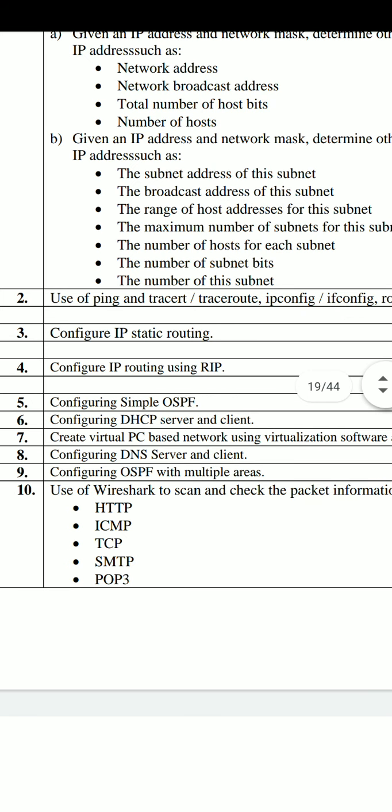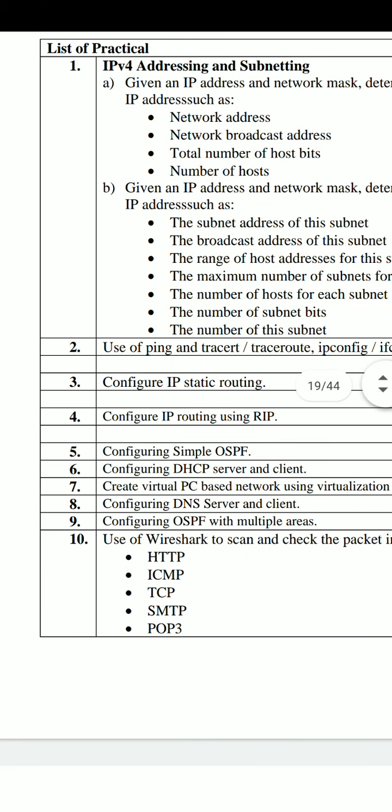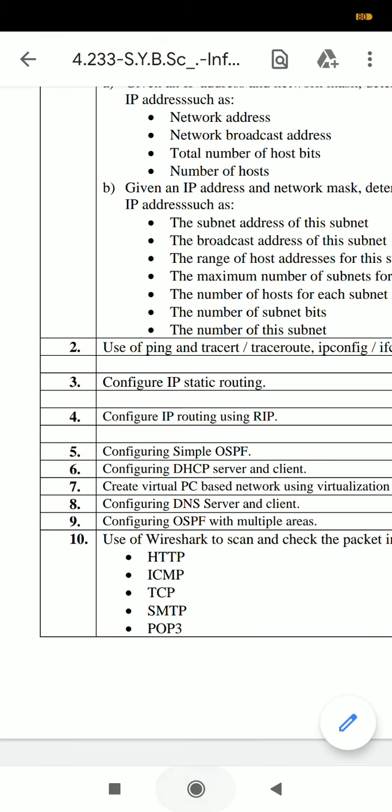We can configure these routes in three ways: first default routing, second static routing, and third dynamic routing. Today we are going to see how we can configure static routing.